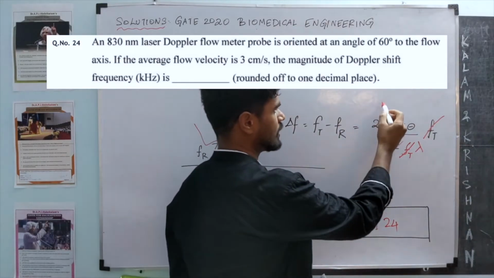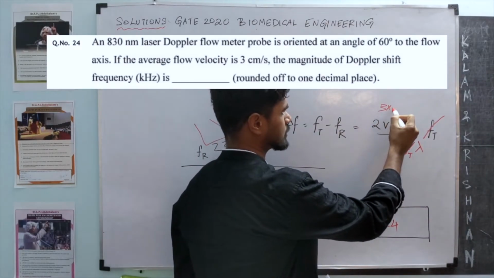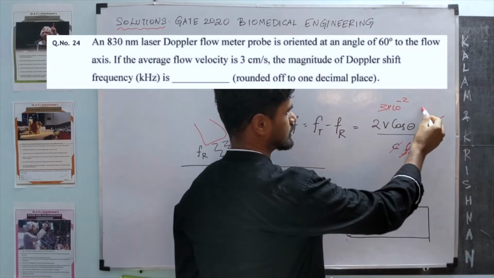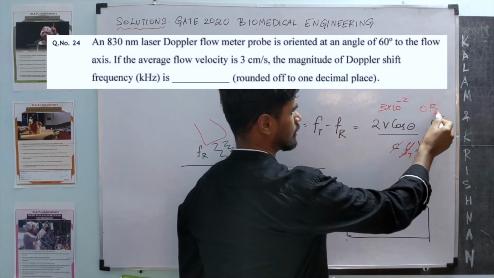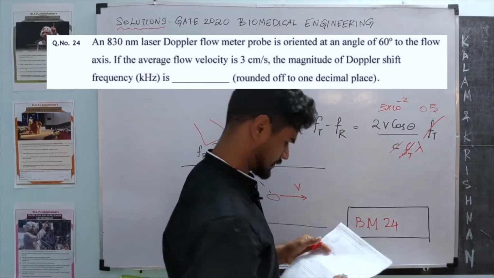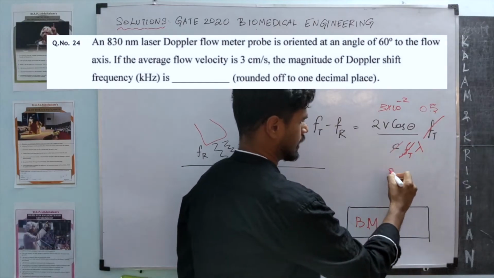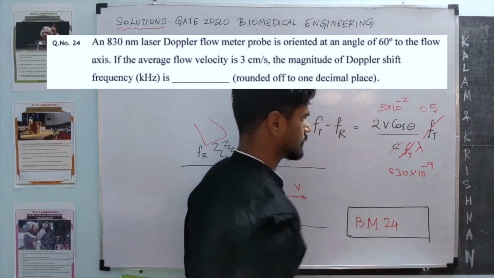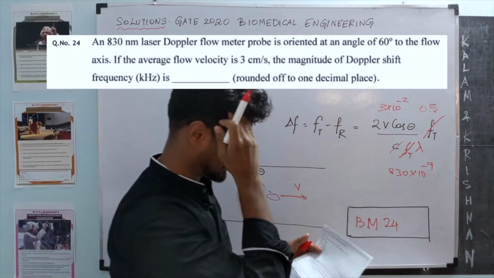We know v is 3 centimeters per second, so 3 into 10 power minus 2 meters per second. Cos theta is 0.5, cos 60 is 0.5. Finally, lambda is 830 into 10 power minus 9 meters, 830 nanometers.